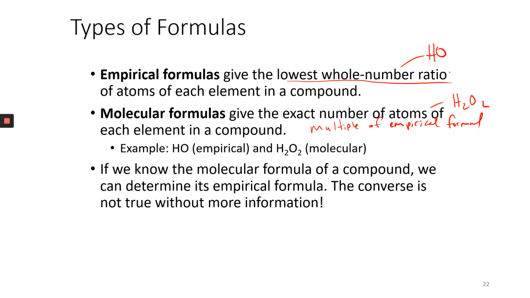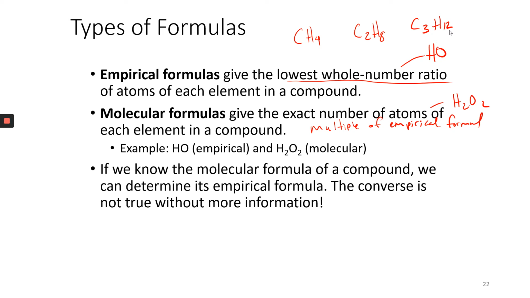So this is 2 times your empirical formula. Another example would be CH4 as your empirical formula, and then C2H8 would be your molecular formula. So this is 2 times that. It doesn't have to be 2, it could also be 3. It is just some multiple.